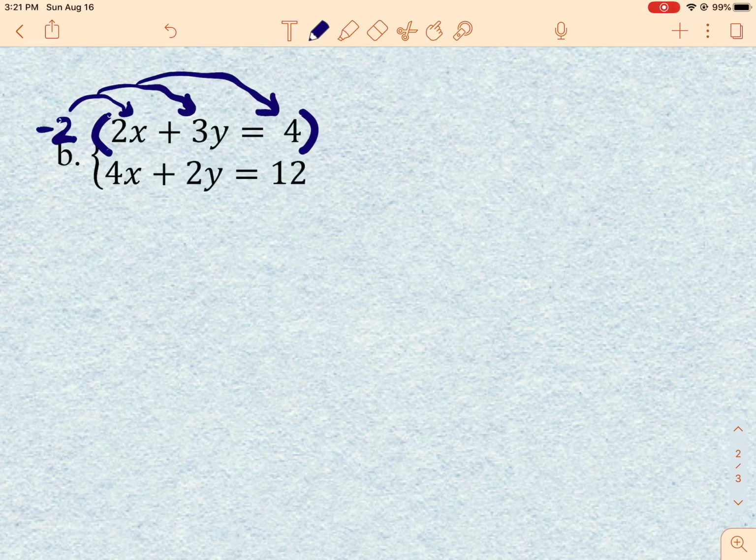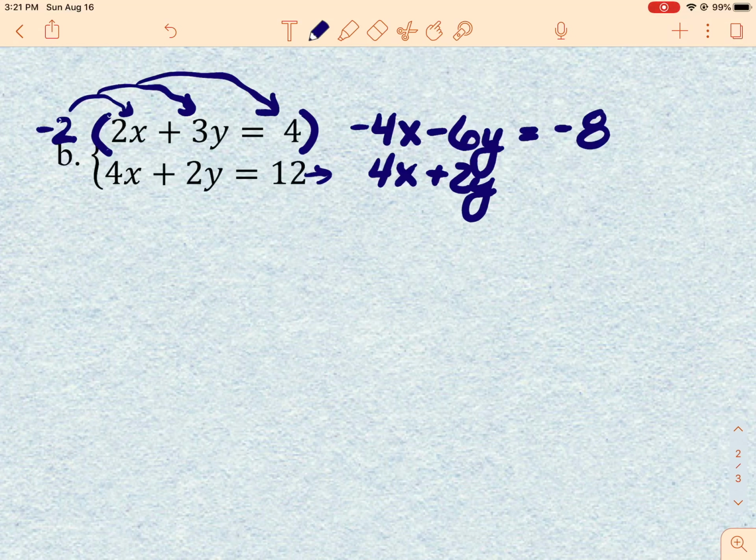So my new equation here would be negative 4x minus 6y, and then equals negative 8. I didn't change anything on the second equation, so I just repeat that. 4x plus 2y equals 12.